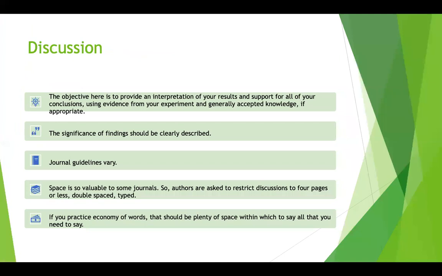So the next part of the paper is the discussion. The objective of the discussion is to provide an interpretation of your results and support for all of your conclusions using evidence from your experiments and generally accepted knowledge if appropriate. So you have reported results.